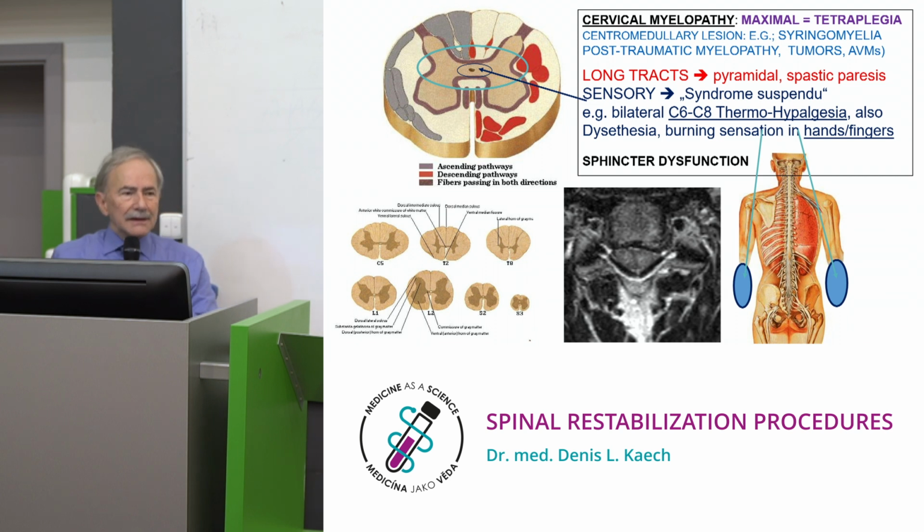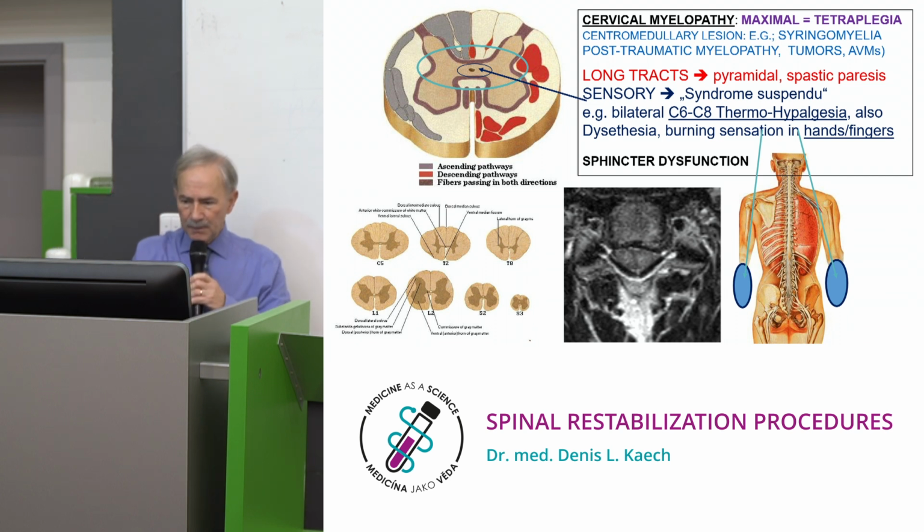Okay, and then partial lesion like this central cord syndrome. When you have a myelopathy and the central cord is touched, the crossing sensory fibers for temperature and pain are disturbed.